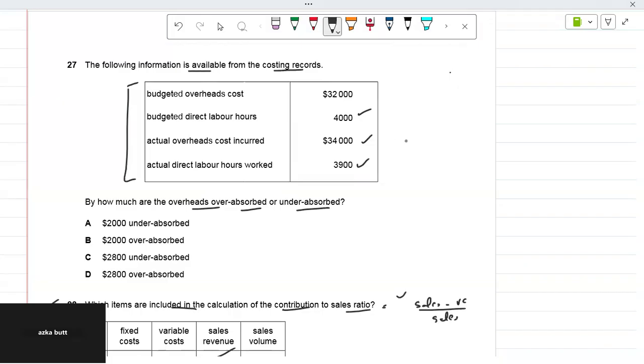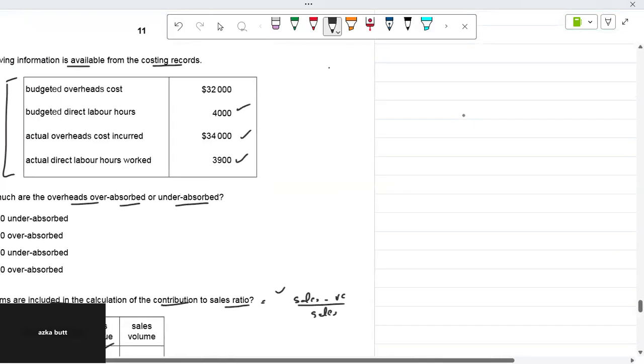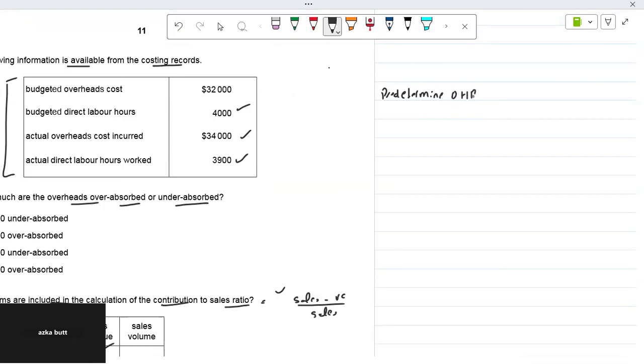To calculate whether the overheads are over-absorbed or under-absorbed, we need to follow some steps. First of all, we need to calculate the predetermined overhead rate. Predetermined overhead rate is equal to budgeted overhead cost divided by budgeted direct labor hours.